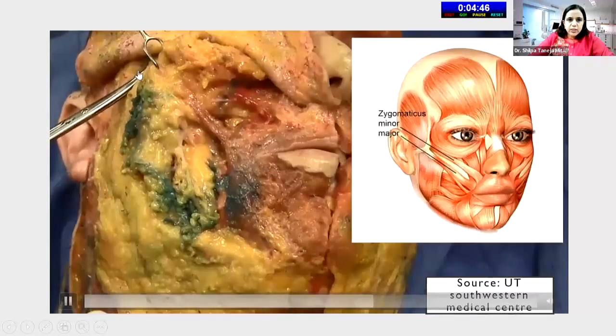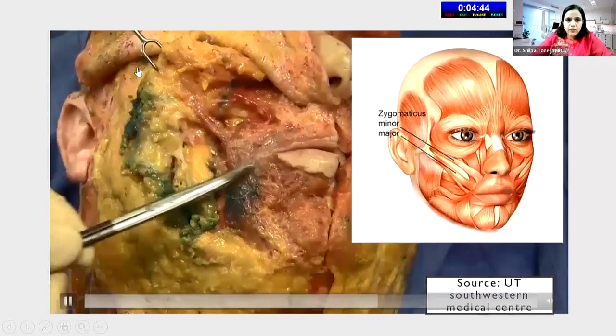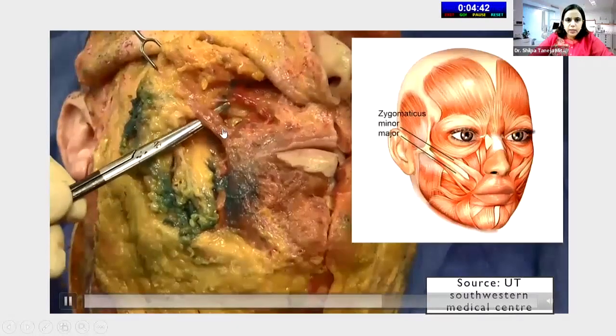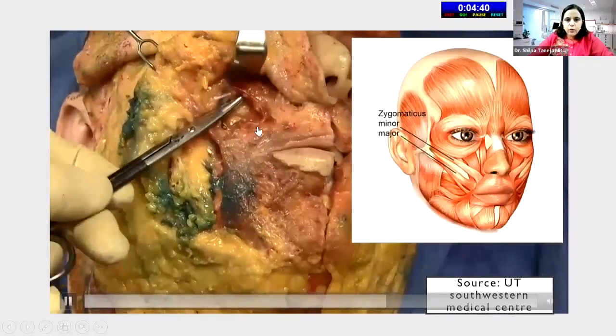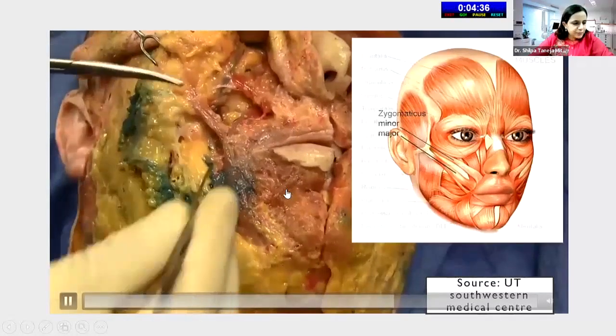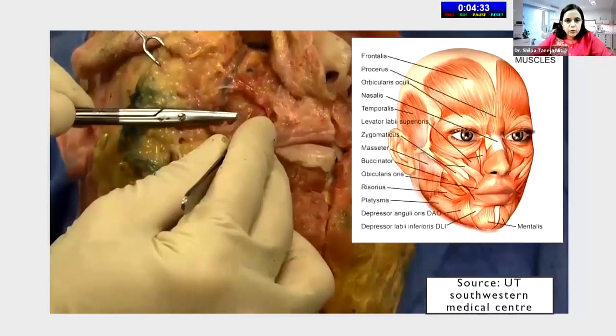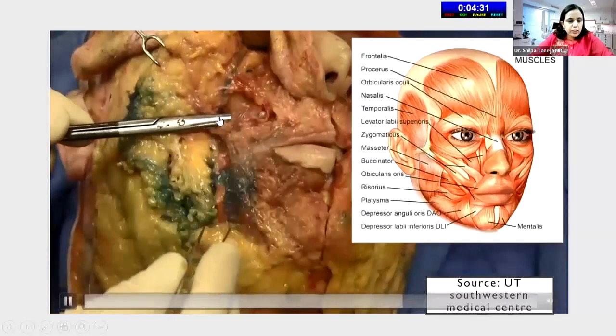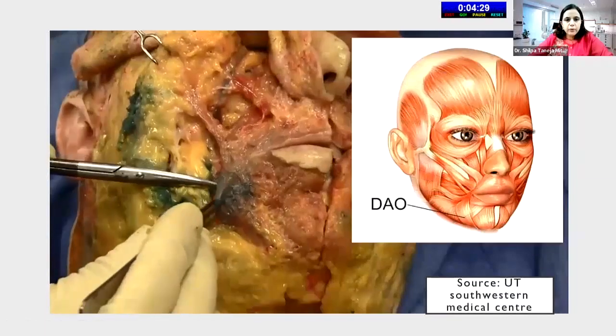So injections here, when we inject for crow's feet, if by mistake injected into the zygomaticus major muscle, can cause drooping of this angle of the mouth.